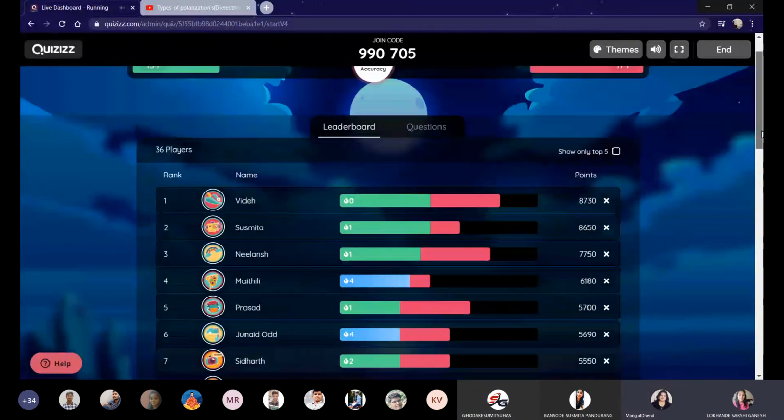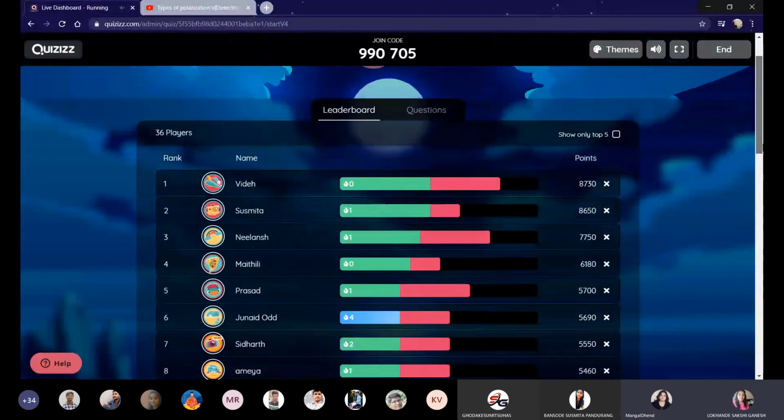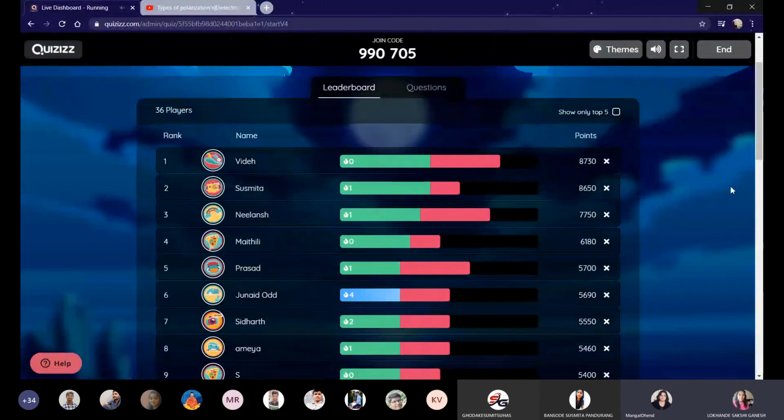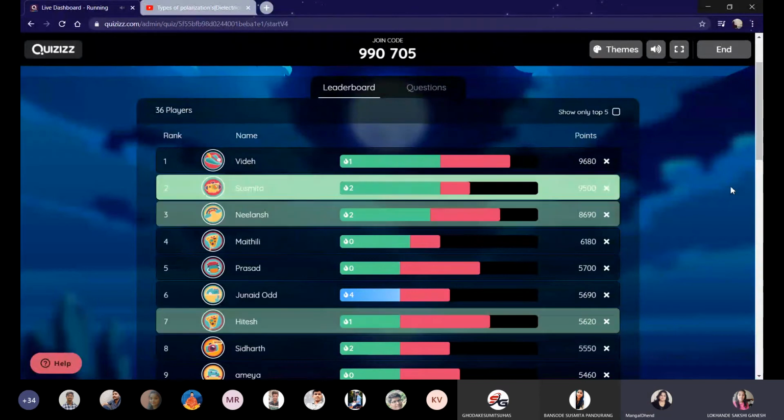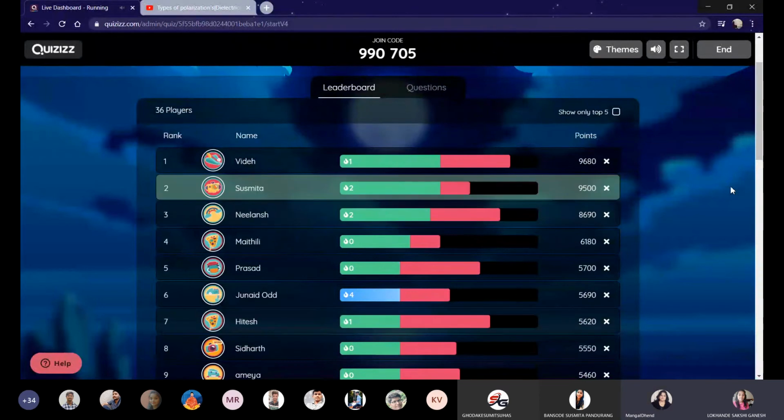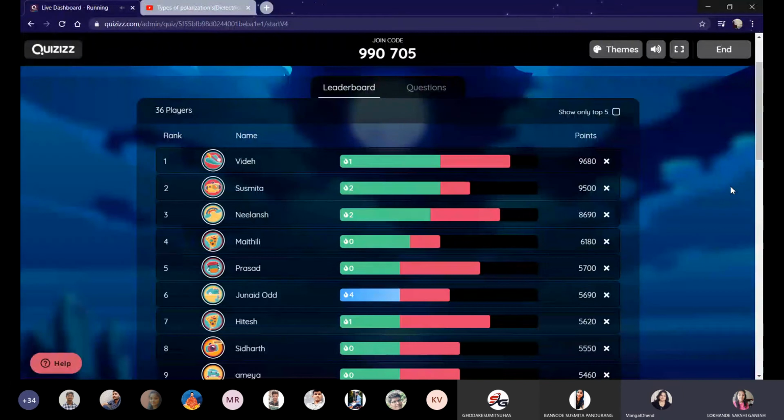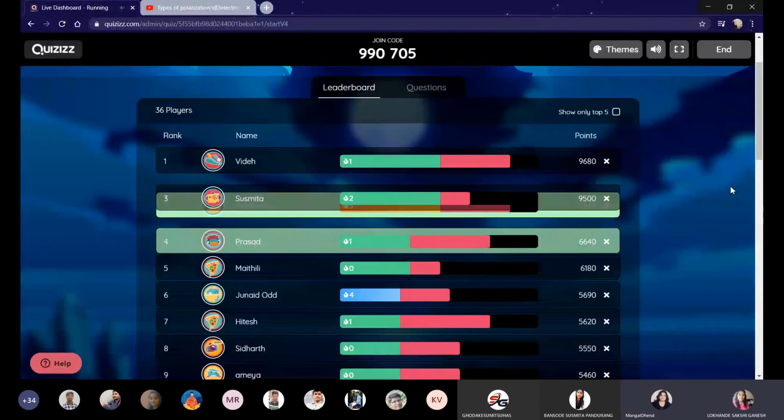Vidya, Sushmita, Nilansh are the top 3. Nikhil is 4. Prasad is 5th. Is Adarsh absent today? Where is Adarsh? I am there. Okay, just submit, Adarsh.